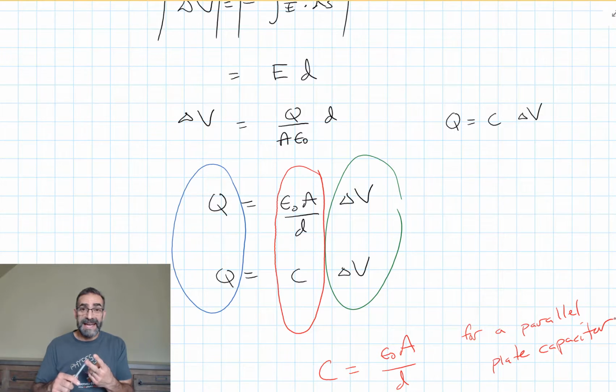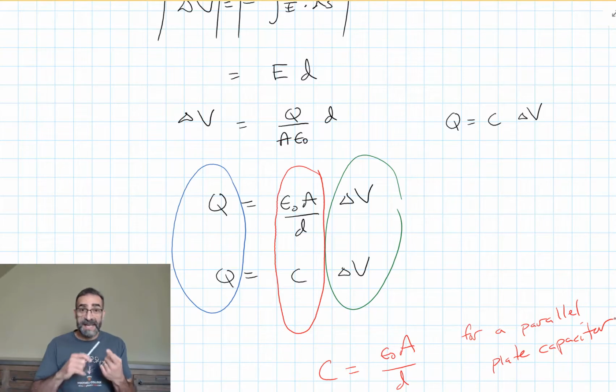We integrated that between the plates to get the potential difference between the plates. And then we rearranged the formula until we got Q equals something times delta V. And we said that something must be our capacitance because we know our capacitor formula says Q equals C delta V.